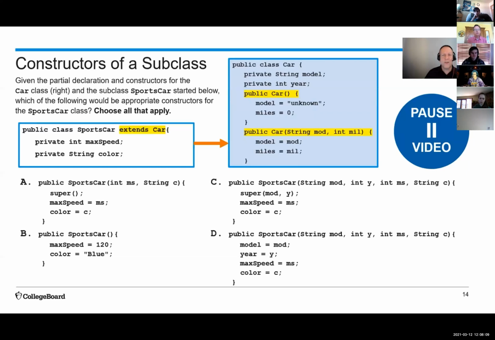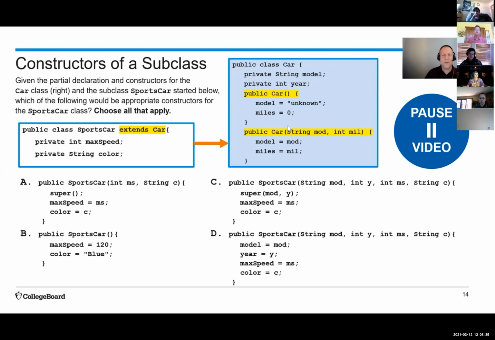We've got a sports car class, which extends the car class. So the car class is over here in blue. You got a model and a year. You can create a car without sending any arguments, and it creates a car with an unknown model name and a 0 year, and then you can call it with a model and a year.